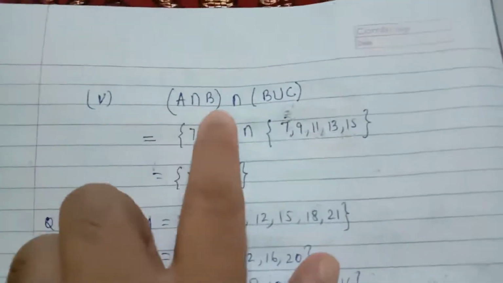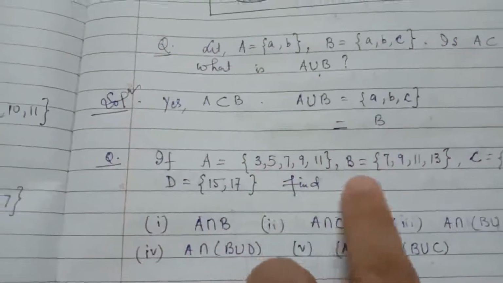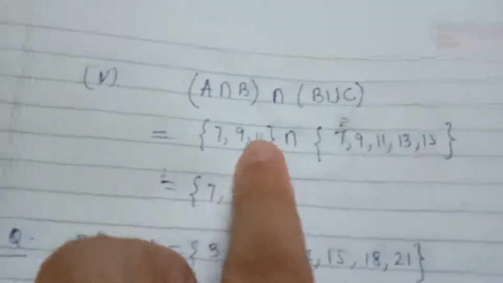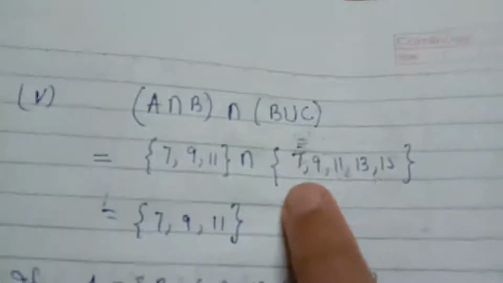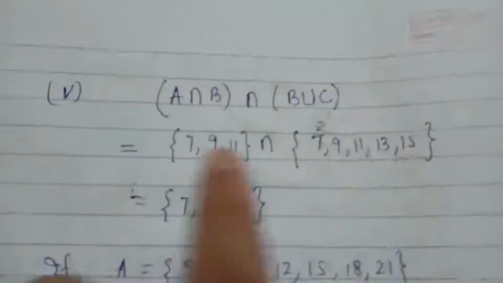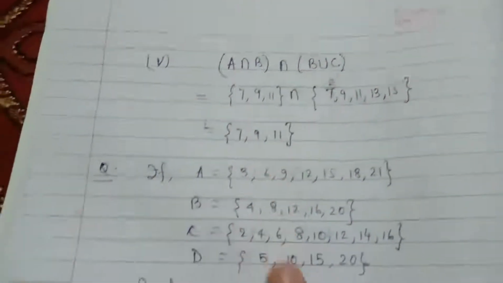First we have to find A intersection B, which is 7 and 11. A equals this, B equals this, and the common elements are 7 and 11. B union C equals 7, 9, 11, 13, 15. And their intersection, the common elements between these two sets, is 7, 9, 11.